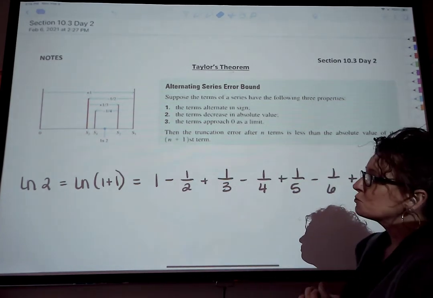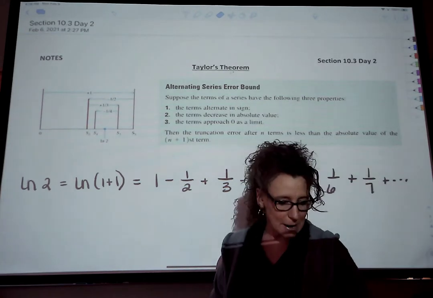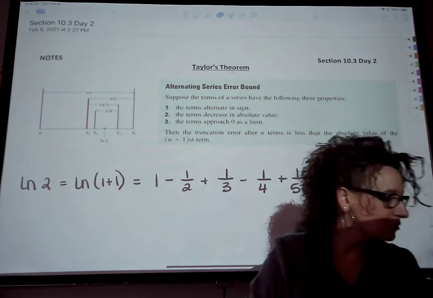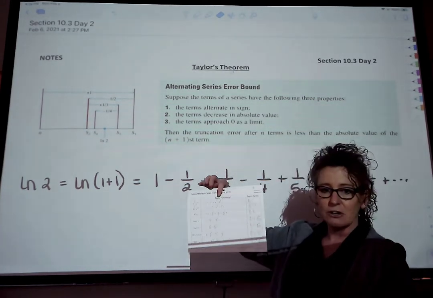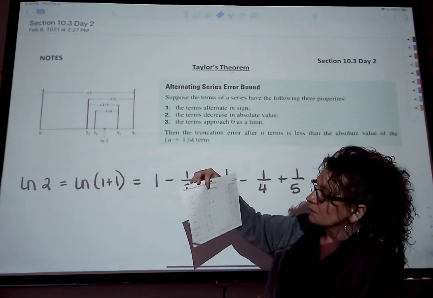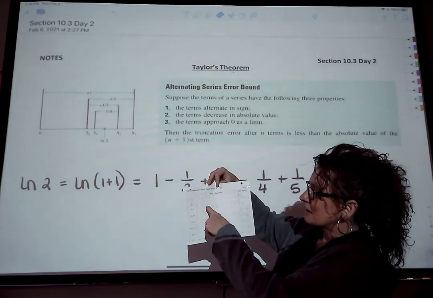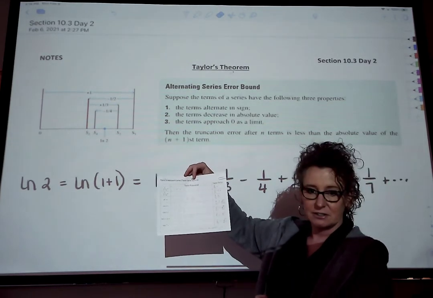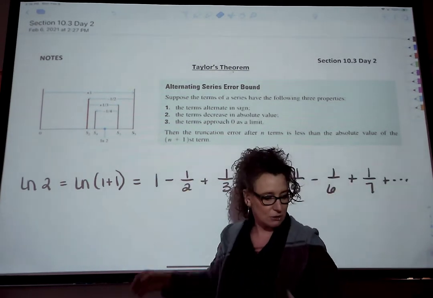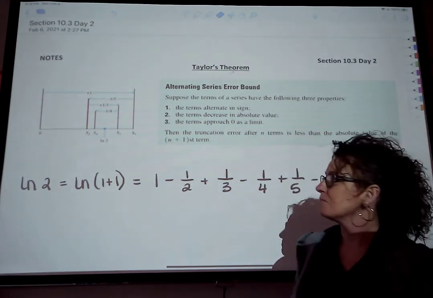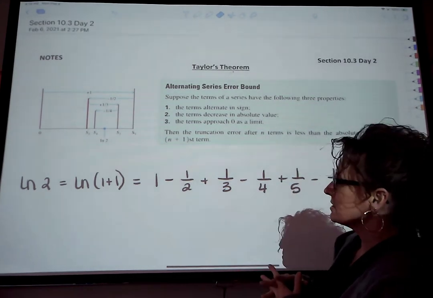So the first error bounding that we're going to do can be used with an alternating series. So if you look at your list of your Taylor series, you've got several alternating series on here. So this error bound can be used for any alternating series. So here's the premise.